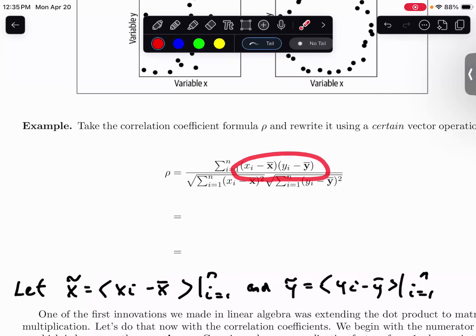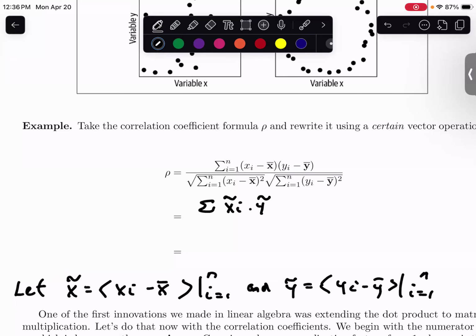The numerator itself is really doing the ith component of x tilde multiplied by the ith component of y tilde, summed up. And then in the denominator, you have the square root of the sum of x tilde squared, times the square root of the sum of y tilde squared.